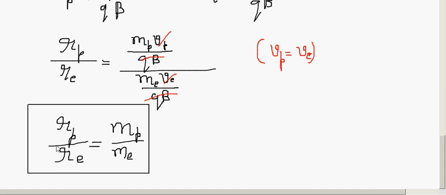Or we can directly write, for the same speed, same magnitude of charge and same magnetic field, the radius is proportional to the mass. Rp by Re is Mp by Me, or Re by Rp is Me by Mp.